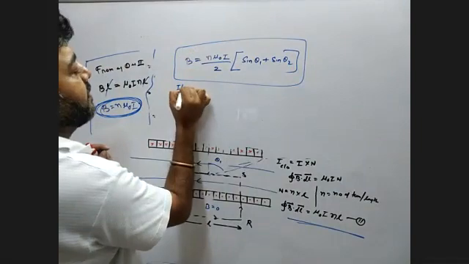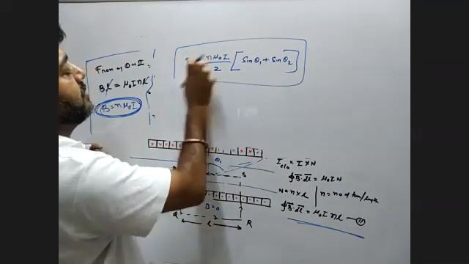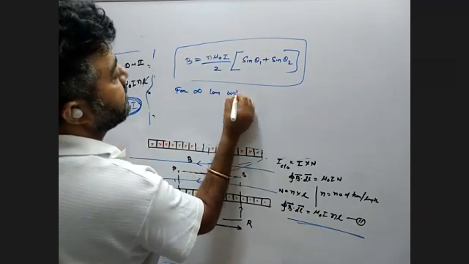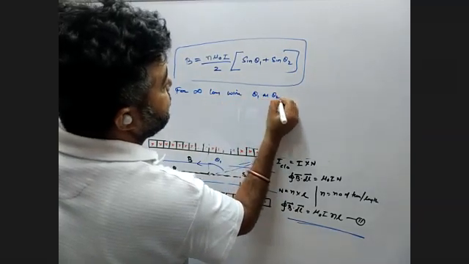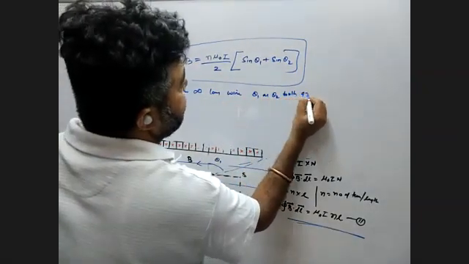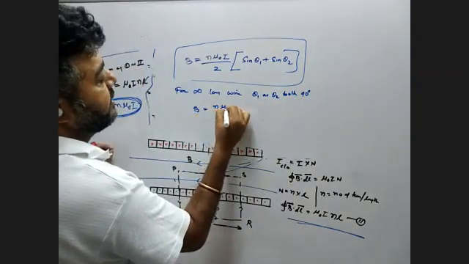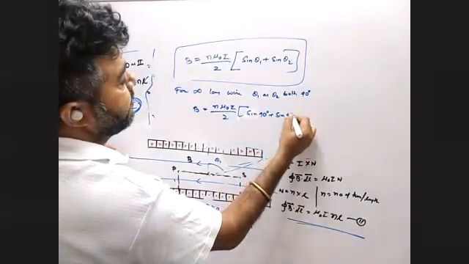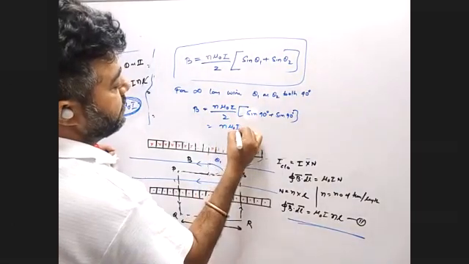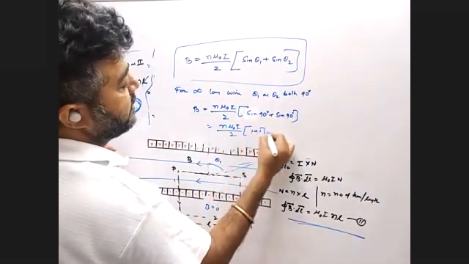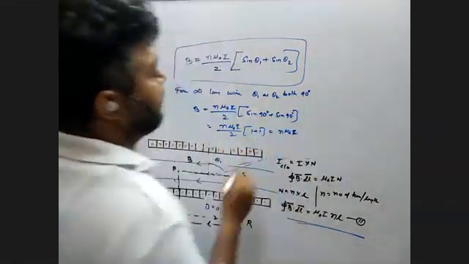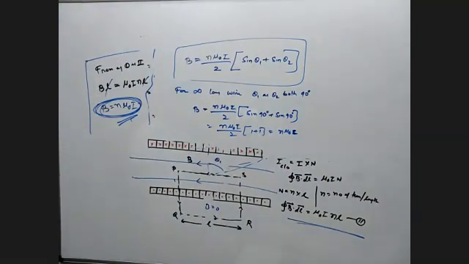And for an infinitely long wire, theta 1 and theta 2 are both 90 degrees. So B is n mu naught I by 2 times sine 90 plus sine 90, that is n mu naught I by 2 times 1 plus 1, which is n mu naught I. So this is for my infinitely long solenoid. Okay. Yes, sir.